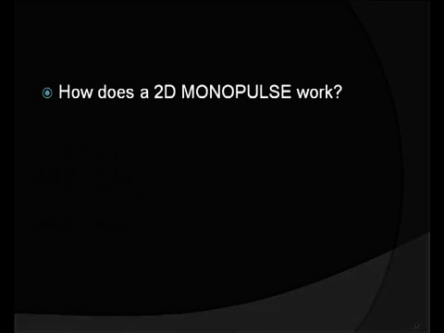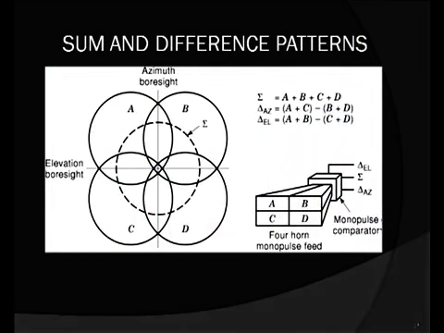How does a 2D monopulse work? What we mean is two-dimensional monopulse. That means it gives the information of both the angle coordinates with a single pulse. Here, let us first understand some new components that are used.